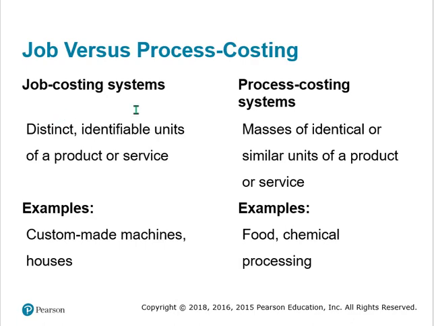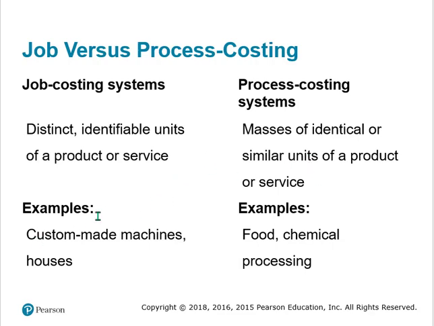This is a comparison of the 2, job costing and process costing. Job costing systems are used for distinct identifiable units of a product or a service, while process costing is used for masses of individual or similar units of a product or a service.